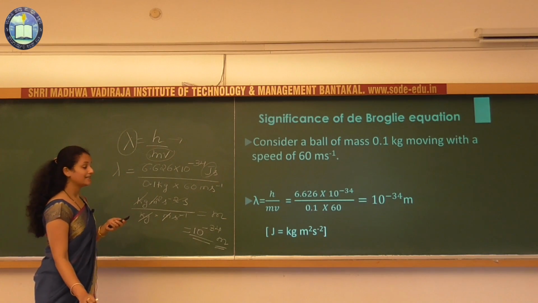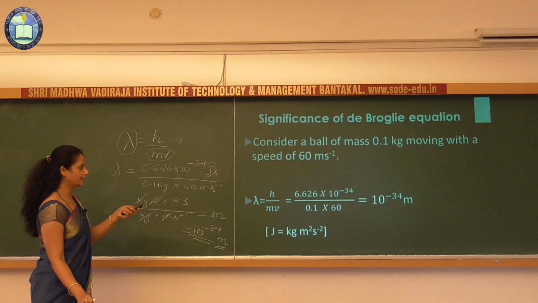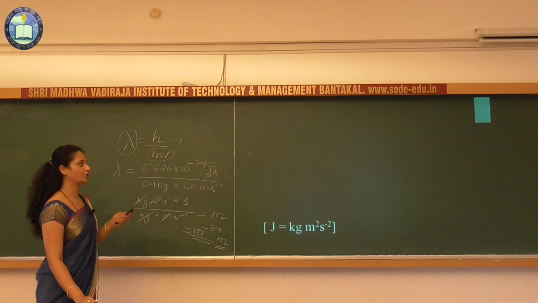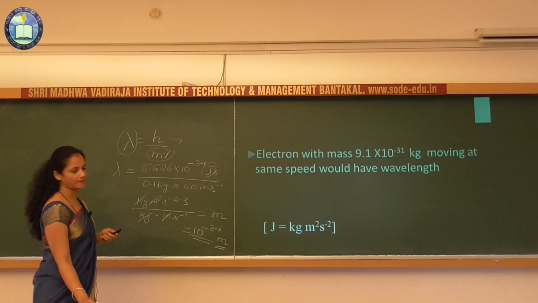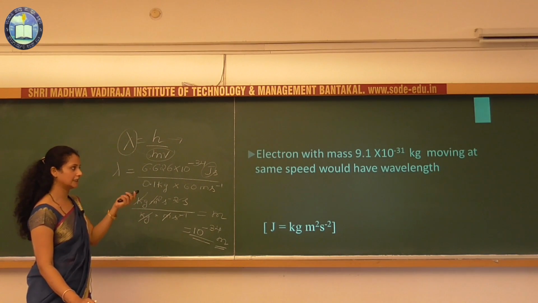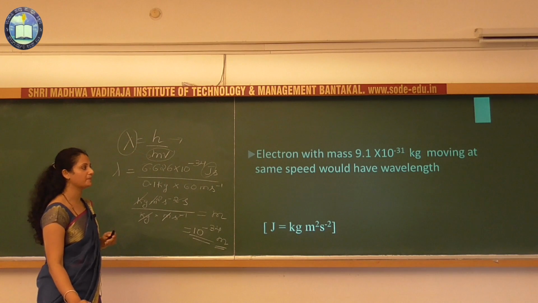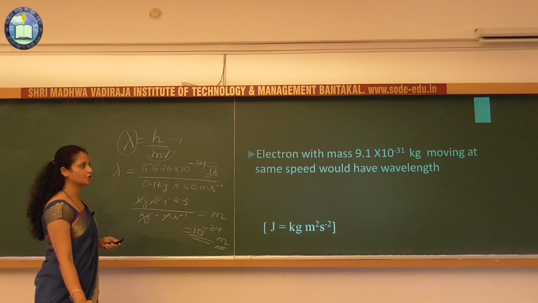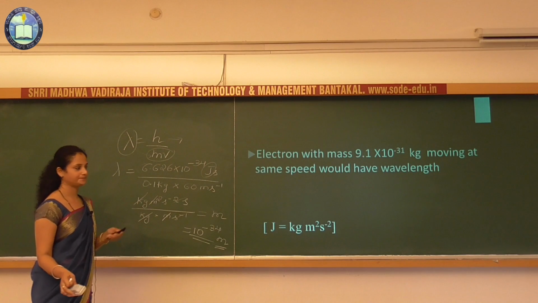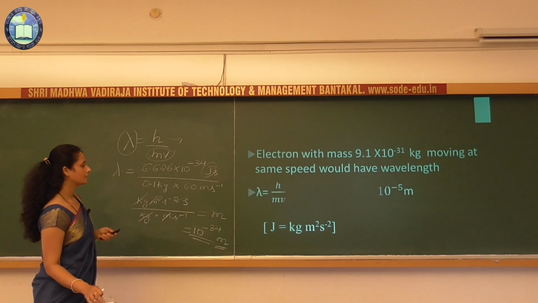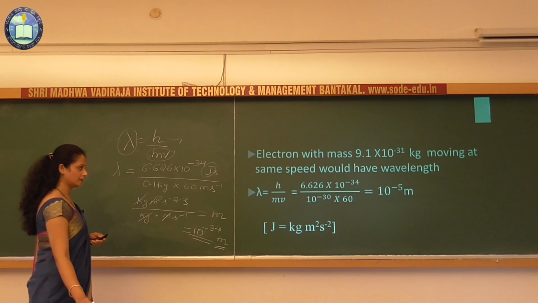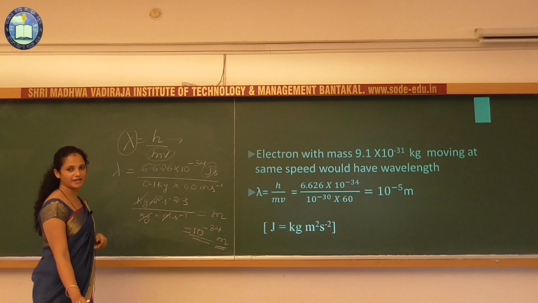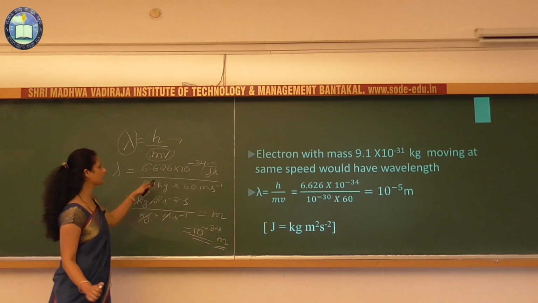Now let us calculate the wavelength of an electron, which is a microscopic material particle, and let us compare. The same formula is used here also: lambda is equal to h by mv. h is Planck's constant.